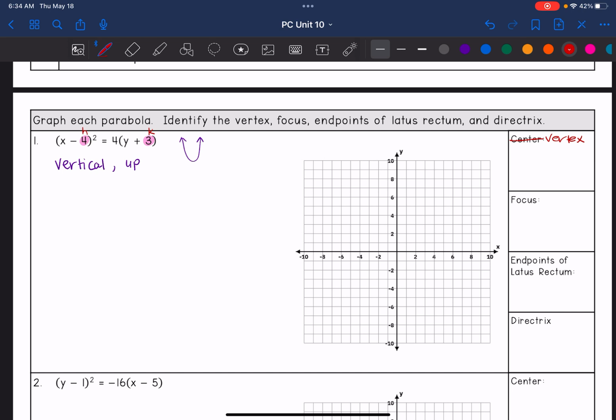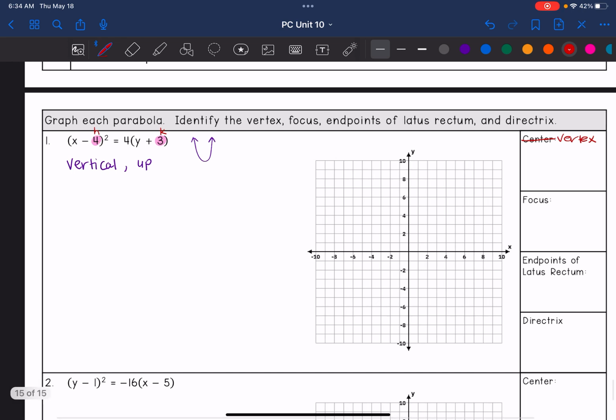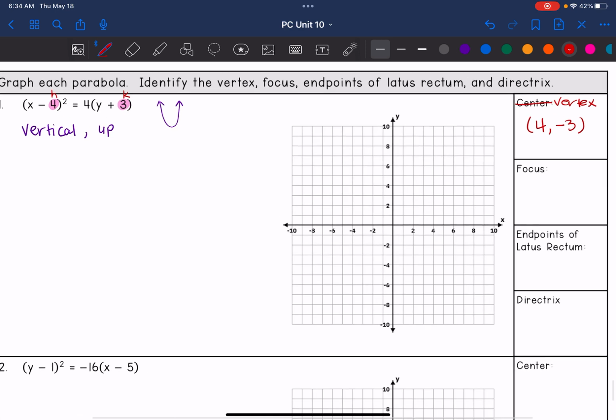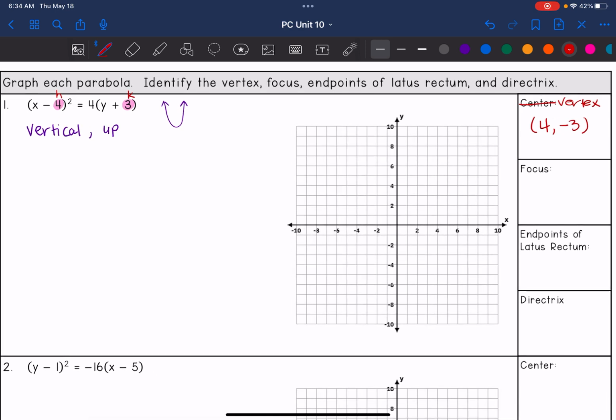Okay, so when we put that together, it's going to be positive 4, negative 3. So I'm going to go ahead and graph that on my graph here. (4, -3), right here. Okay, so that's the vertex.